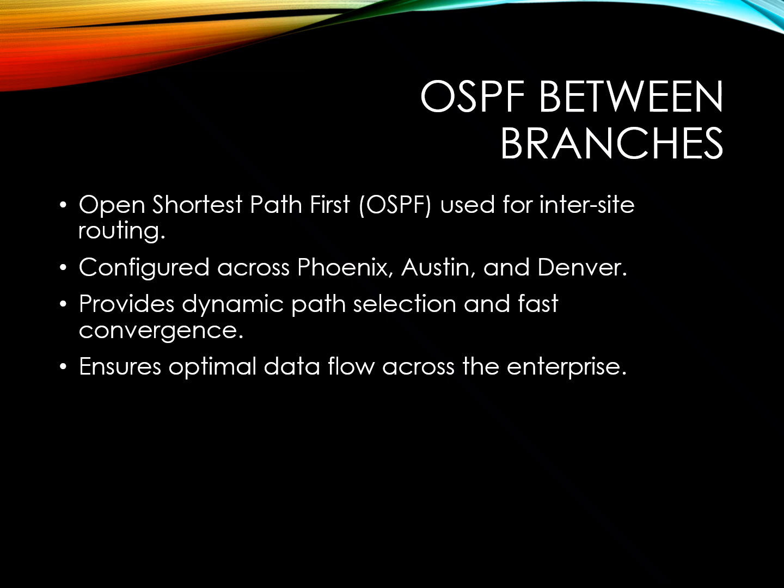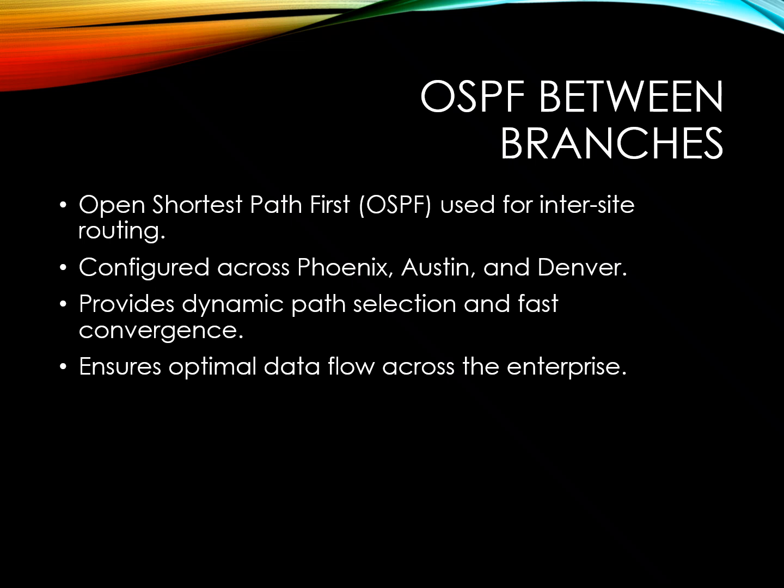Next slide. OSPF between branches. Between Phoenix, Austin, and Denver, we use OSPF, or Open Shortest Path First. This is a dynamic routing protocol, and it continuously learns and adapts the best paths for data to travel between these locations.